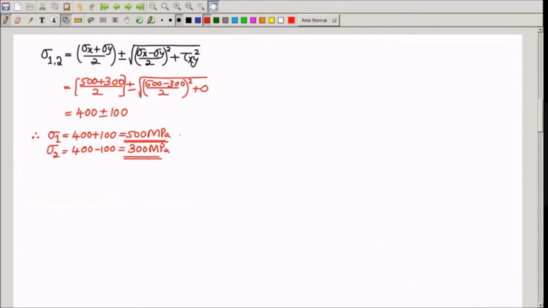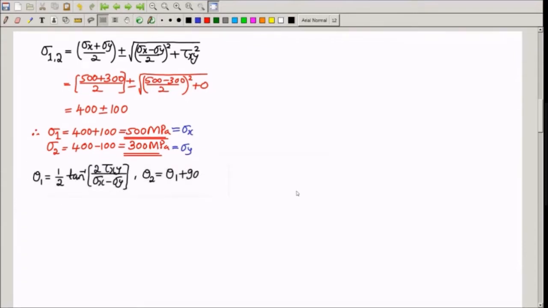Observe that sigma 1 is equal to sigma x and sigma 2 is equal to sigma y. Why we are getting like this is because tau xy is 0 here. We will find the angle theta 1. We'll substitute the values for this. This is equal to half tan inverse of 2 into 0 divided by 500 minus 300.